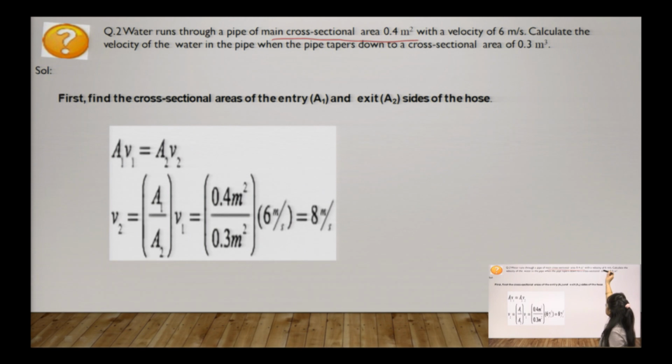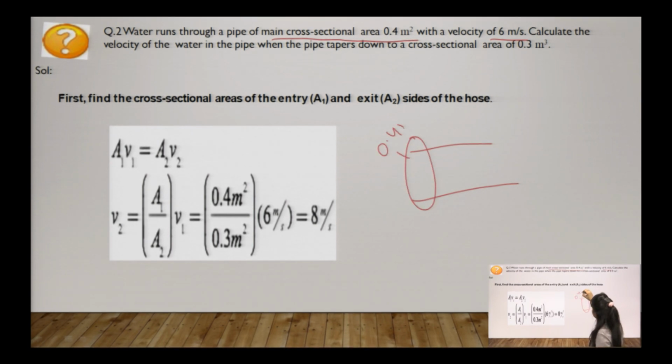Let us say this is the pipe of cross sectional area 0.4 meter square, and it has a velocity of 6 meters per second. Calculate the velocity of water if the pipe tapers down to a cross sectional area of 0.3.